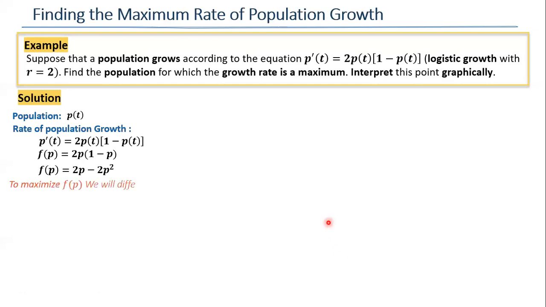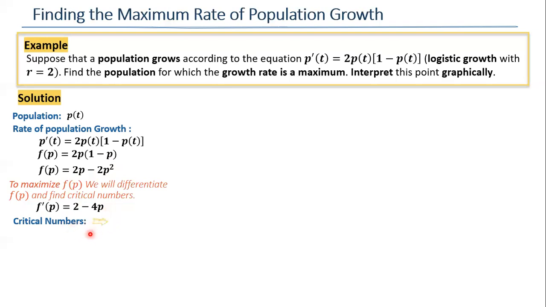To maximize f of P, we will differentiate f of P with respect to P and find the critical number. So the derivative of 2P is 2. We will use the power rule: 2 times negative 2 is negative 4, P to the power 2 minus 1, P to the 1.